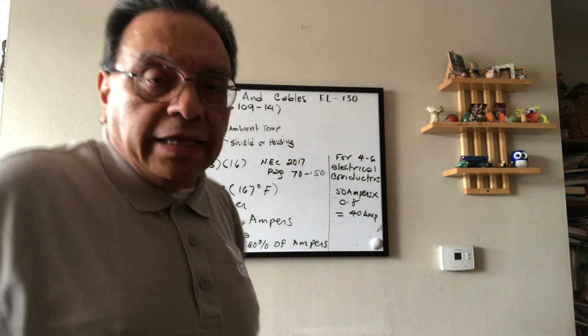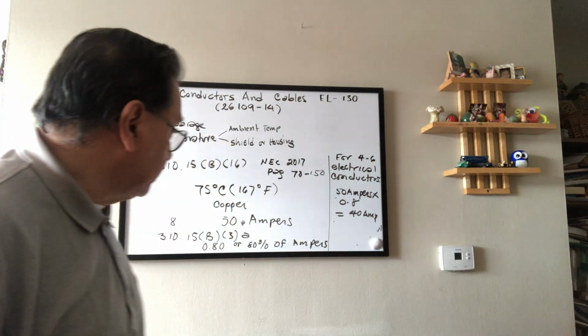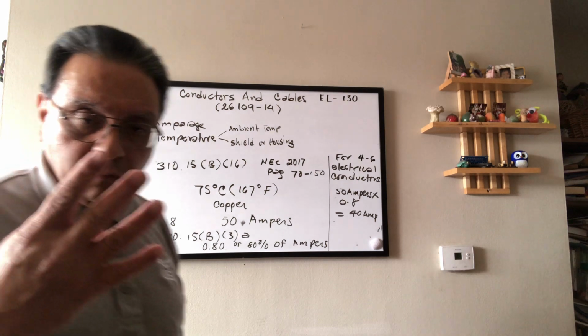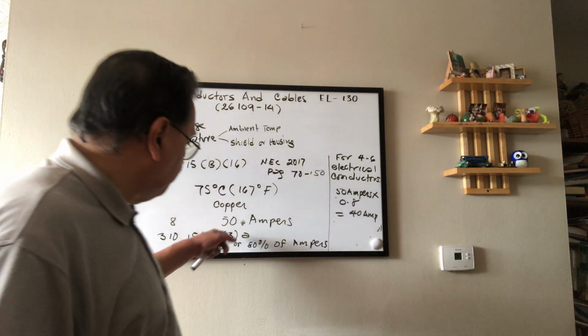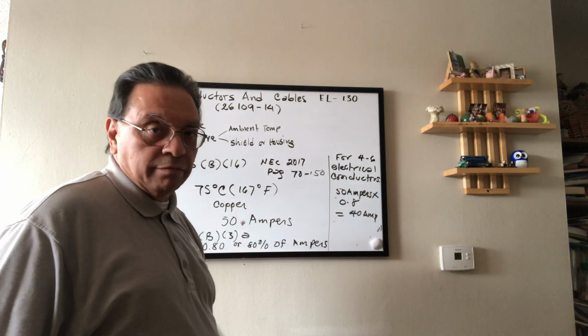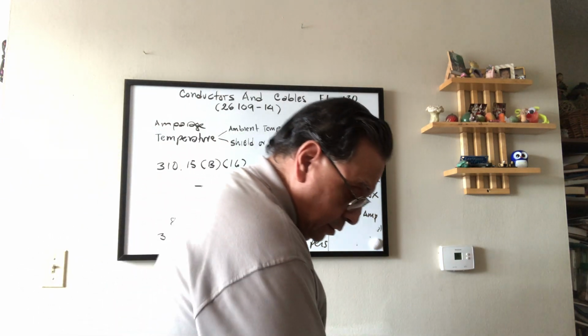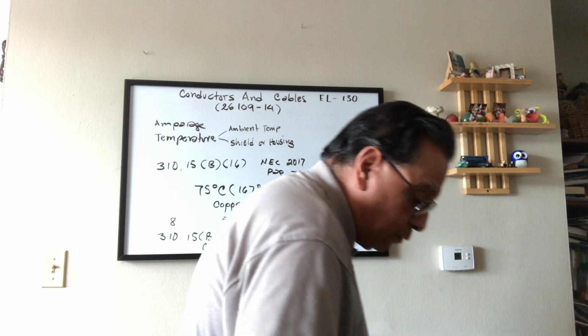Okay, and that is the first adjustment of the ampacity. In reality, this cable, when it's together with 4 electrical conductors, will be able to transport 40 instead of 50. Okay, first adjustment. The second is the temperature, which is the next table that we need to use.